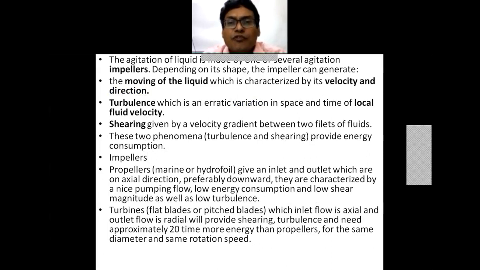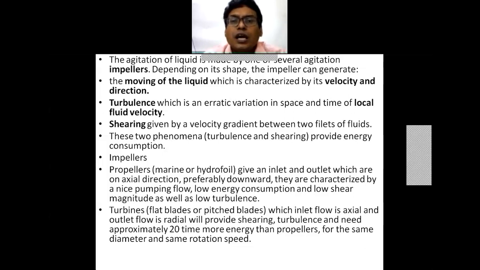Then agitation of liquid is made by one of several agitation impellers. The moving of the liquid is characterized by its velocity and direction.